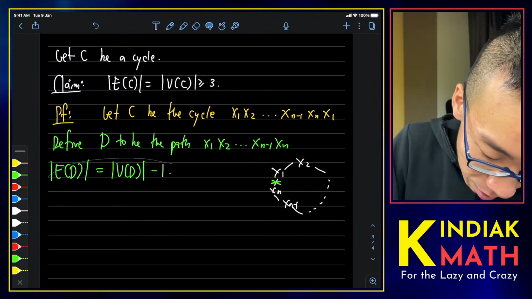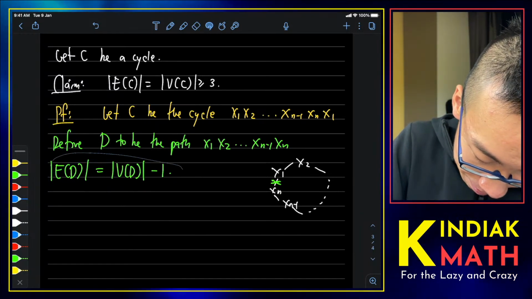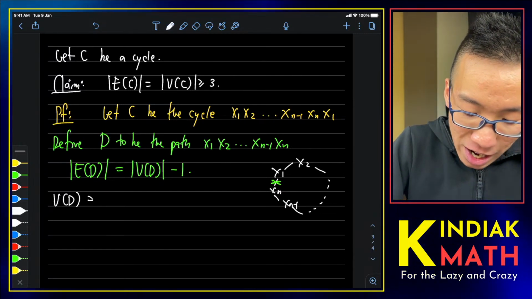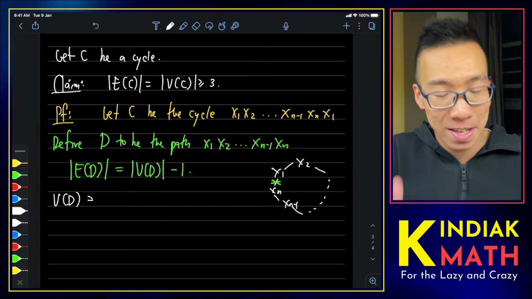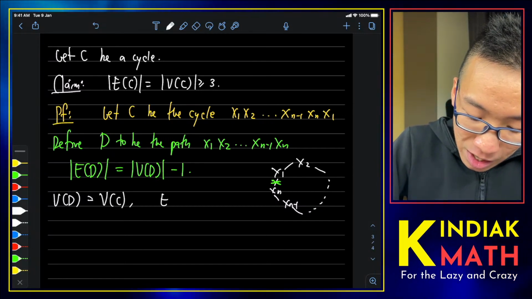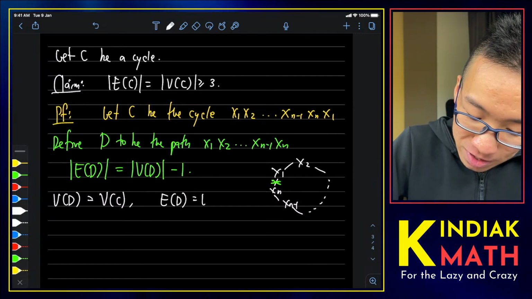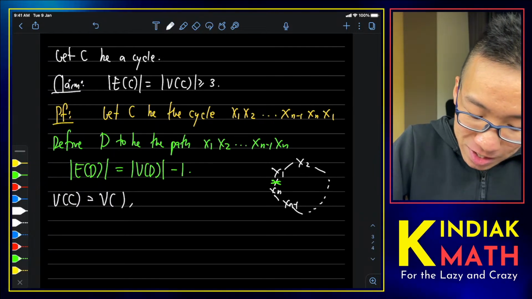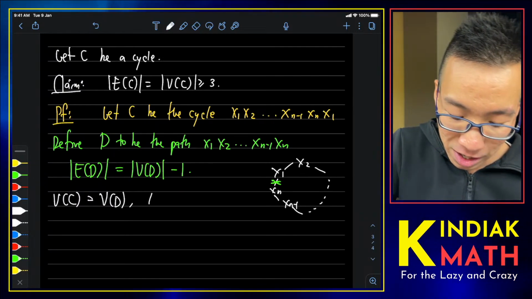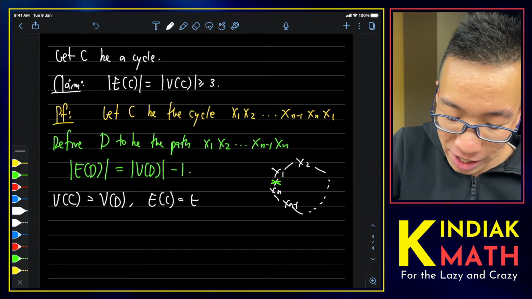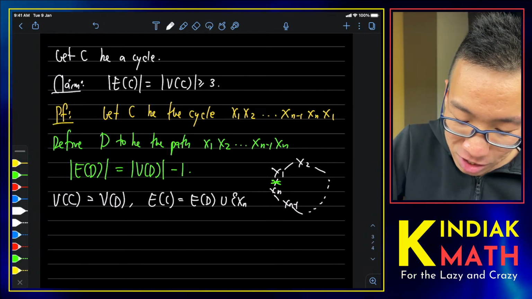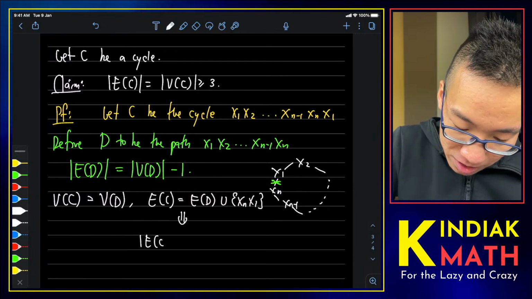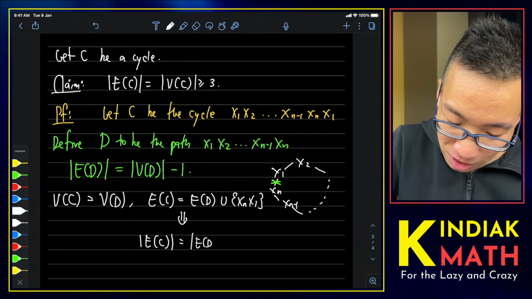However, we also know that based on this construction, the vertices in C are the same as the vertices in D, and the edges in C are the edges in D, including that last edge. Right. So what that tells us is that the number of edges in C is the number of edges in D plus 1.